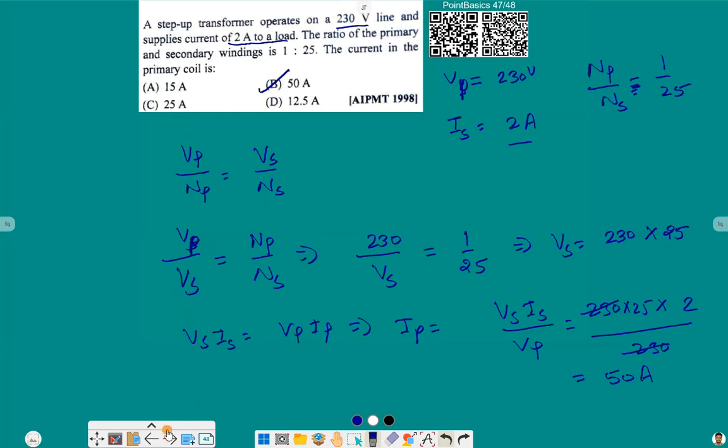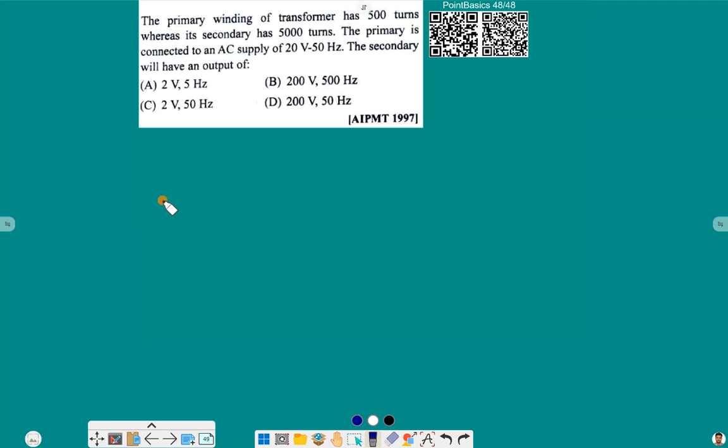Let's move to the last question for this chapter. Primary winding of the transformer has 500 turns, whereas secondary has 5000. The primary is connected to 20 volt, 50 hertz, and we have to find the secondary coil output.